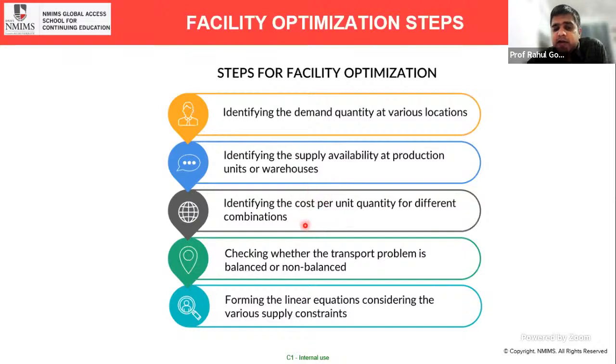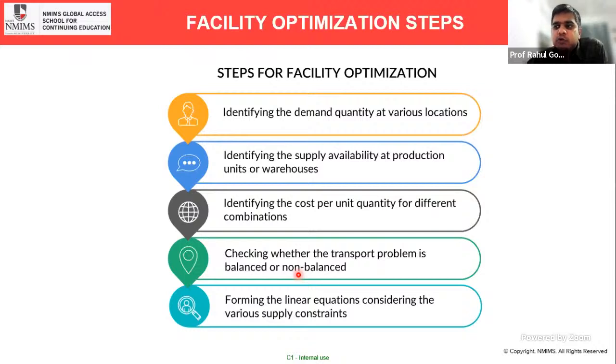Here is the difference, right? We also map the cost per unit quantity for different combinations, and this becomes a deciding or an objective factor. We also put a constraint to check whether it is balanced or non-balanced, right? So what is meant by balanced or non-balanced? In the problem statement, the supply cannot be more than the capacity of a plant and demand cannot be more or less than the requirement, right?